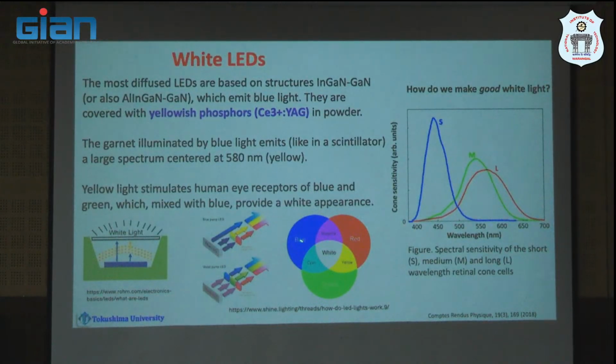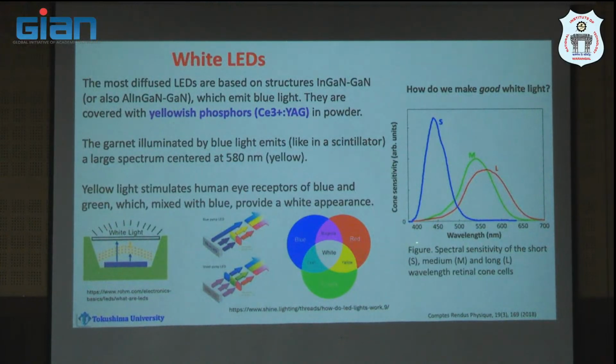Our television has this kind of RGB plate and we can see any type of color. The same kind of revolution happened in the field of LED. That's why this LED is now important, and after 20 years, 1994 to 2014, he got the Nobel Prize, or these 3 scientists from Japan got the Nobel Prize.